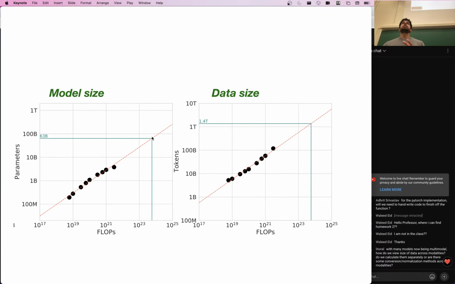So now they want to see if this curve here extrapolates to a much larger budget. And based on this extrapolation, they find that for this very large compute budget, the optimal model size is 63 billion parameters. And for the same compute budget, the optimal data set size is 1.4 trillion tokens.